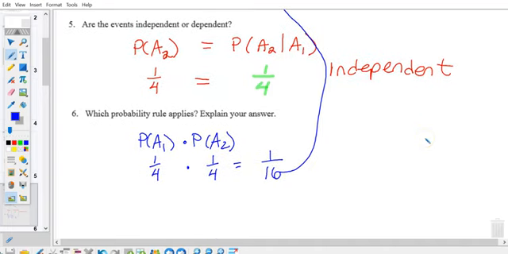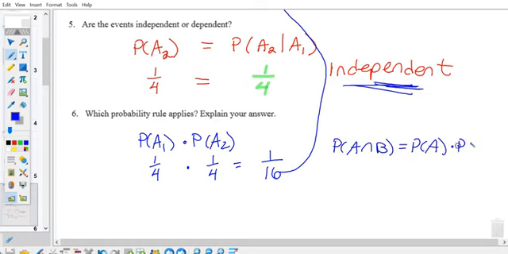This only applies if events are independent. So the probability of A and B equals the probability of A times the probability of B if the events are independent.